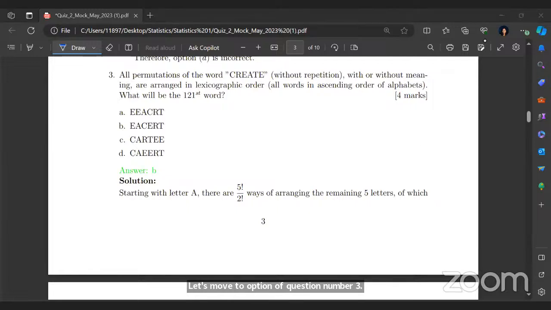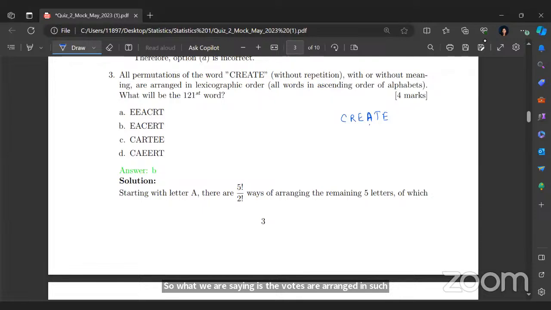It says all permutations of the word CREATE, with or without meaning, are arranged in lexicographic order. Lexicographic order means that all the words will be in ascending order of alphabet. For example, create. The words are arranged such that the alphabets come in ascending order, right?